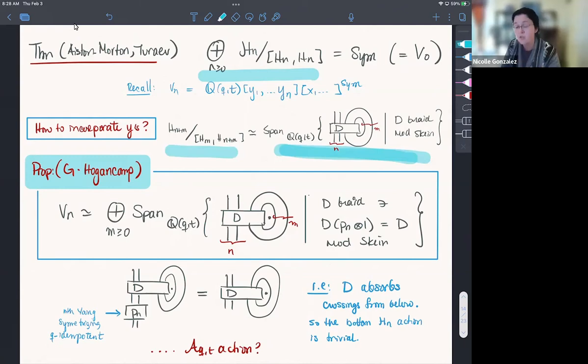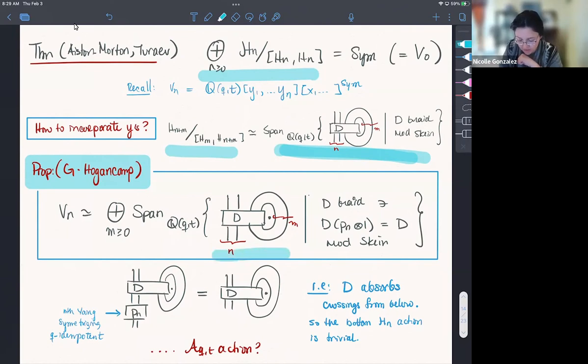And once you have this at hand, you can show very easily that this vector space Vn, which is again the ring of symmetric functions tensored with variables y1 through yn, can be obtained by the following construction, taking diagrams of exactly this form.